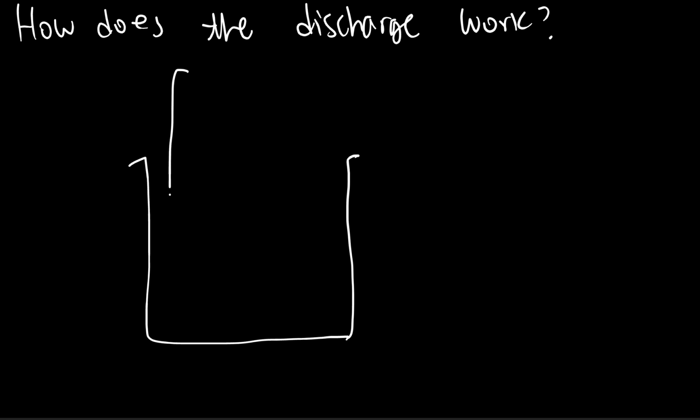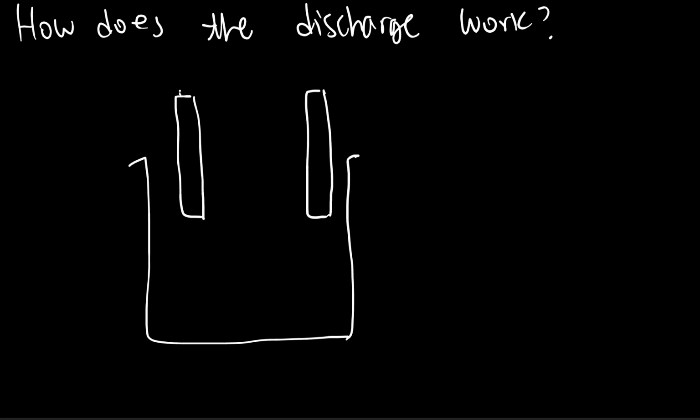So we're going to have our electrodes. We draw the electrodes one more time. We have our cathode, we have our anode, and they are connected and powered by a battery. And we'll have our electrolyte.